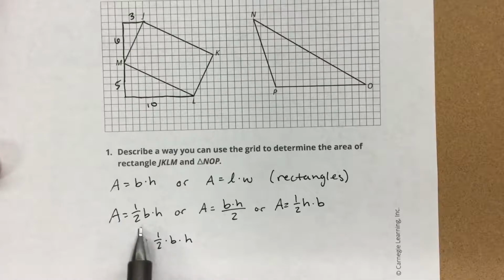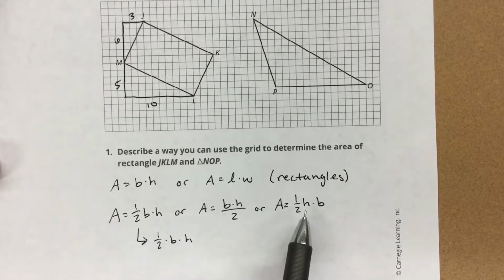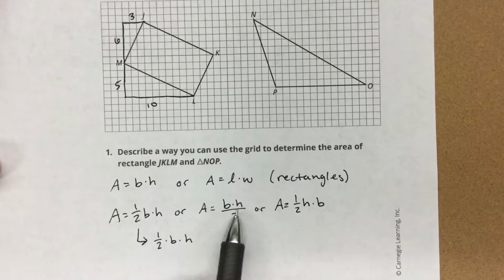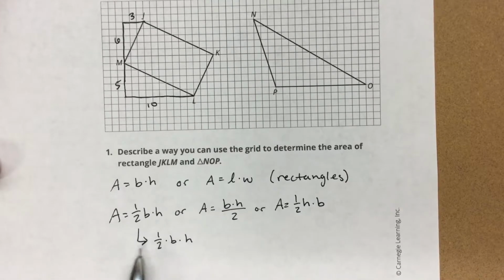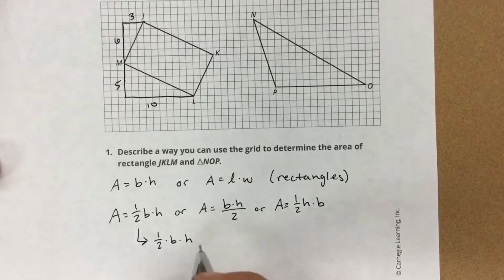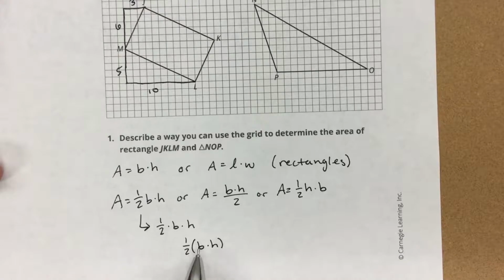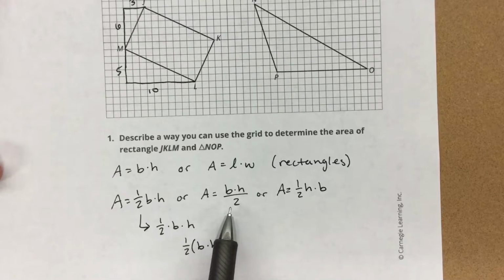So this 1/2 BH is the same as this. This form over here is if I flipped my B and my H. And then this last form is if I multiplied B times H first, and then I multiplied that all by 1/2. So another way to write that would be 1/2 times the quantity B times H. So that's what this form looks like.